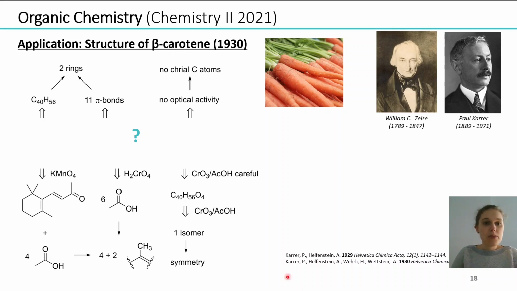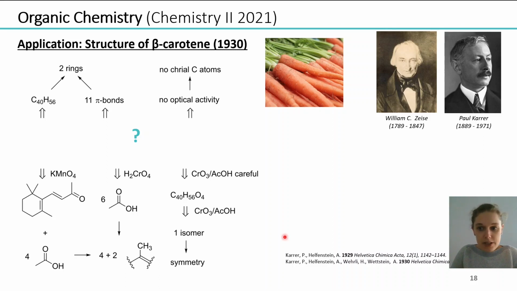At the beginning, it was only known that there is a compound which has a strong orange absorption and which can be extracted from different natural products, for example, from carrots. But the structure of this compound was totally unknown. For elucidating this structure, the chemists used several different chemical techniques in order to analyze the chemical properties of this unknown molecule.